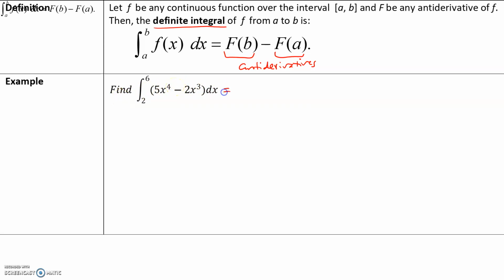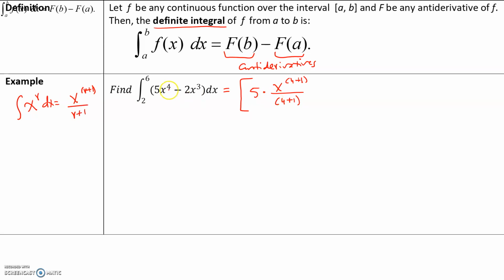Now here's a notation for this. We put this in a bracket. Okay, we have 5 times x to the 4 plus 1 divided by 4 plus 1. That's by this rule that the antiderivative of x to the r dx equals x to the r plus 1 over r plus 1.